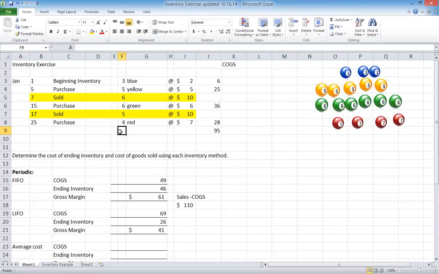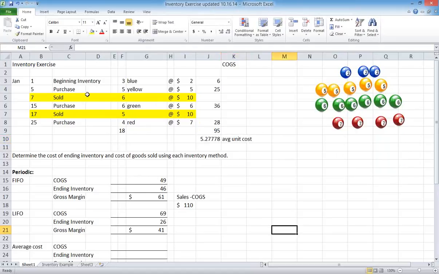I had 18 units available for sale. My 3 and 5 and 6 and 4. To get my unit cost, it's 95 divided by the number of units. My unit cost is 5.27. This is my unit cost, average cost.